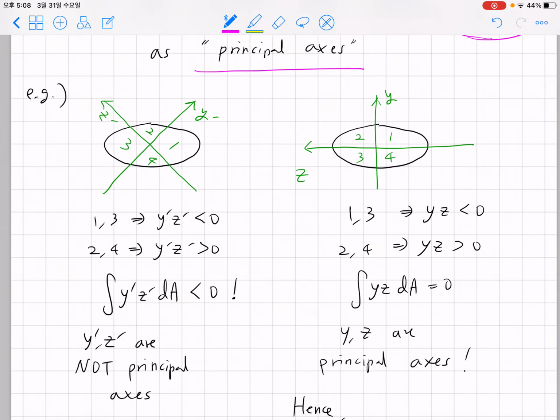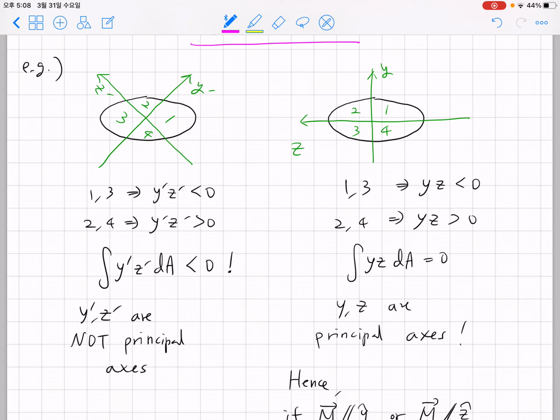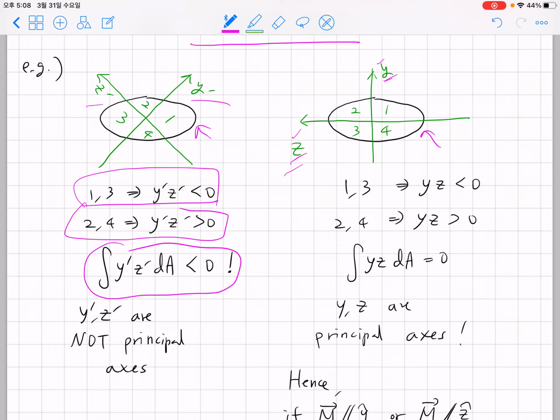As an example, I gave you two sets of coordinate systems, the y' z' system and the y z system. Given exactly the same cross-sectional shape, you can take y' z' in this way, or you can take the y and z axes in this way. When you take y' z' in this way, due to the asymmetry of the negative region and positive region, this integral turns out to be smaller than 0, so y' z' are not principal axes.